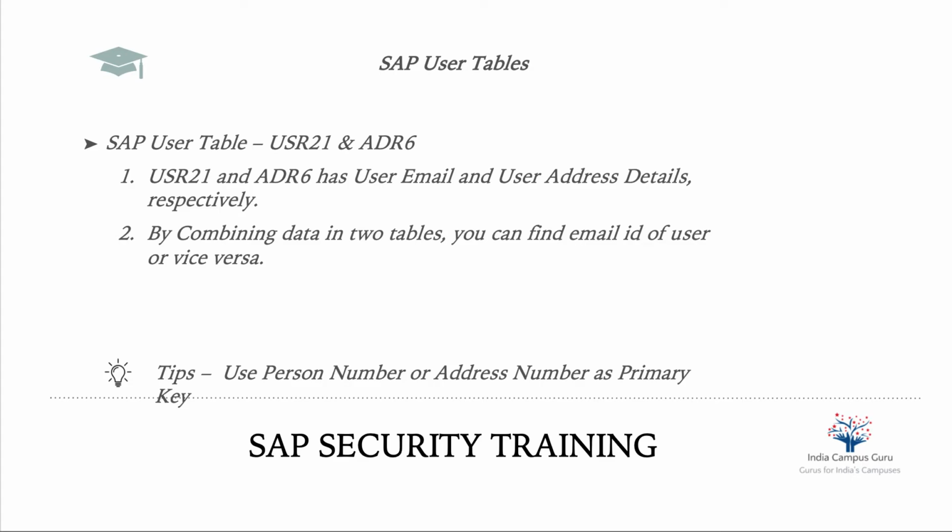You have to use these two tables, which have personal number and address number, and there's a tip here: the field common to both tables you have to use as a primary key to get those details. As I said, these tables don't have the user ID as a field, which is why it's hard to find that one piece of information. Let me correct myself: one of these tables doesn't have the user ID. So you have to get the personal number, and then you have to get the email ID.